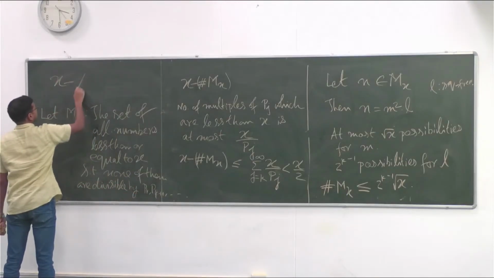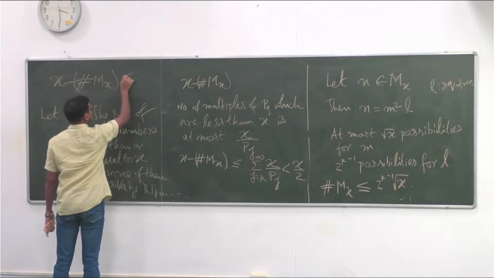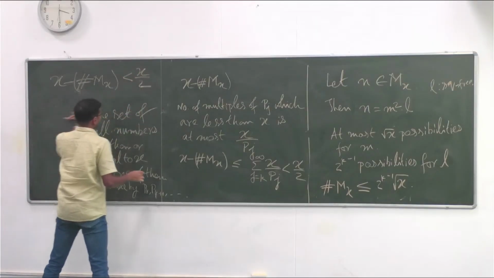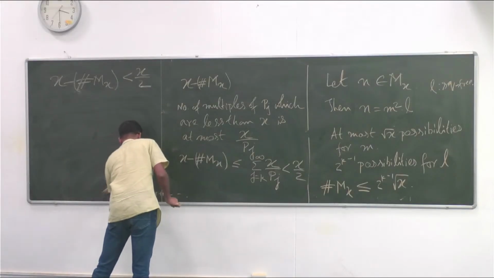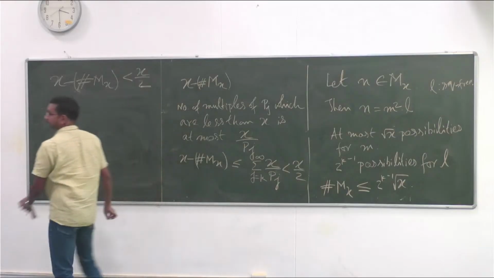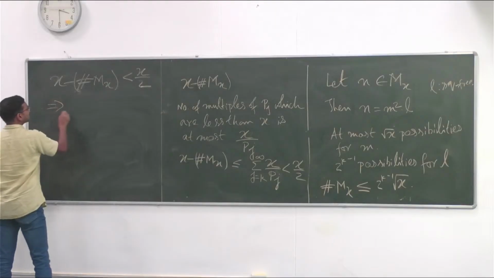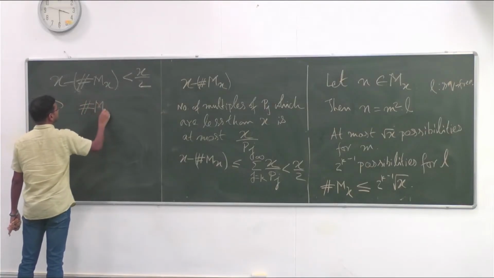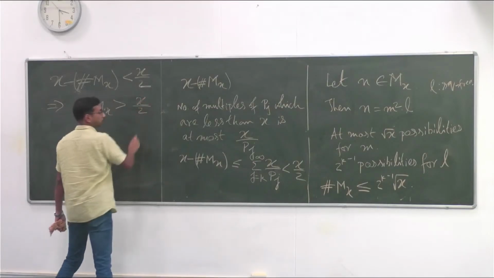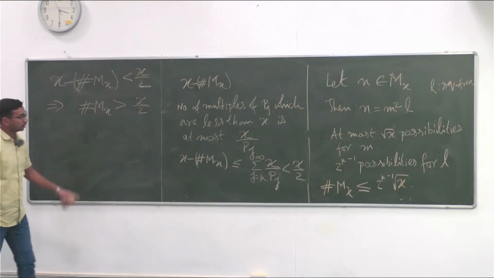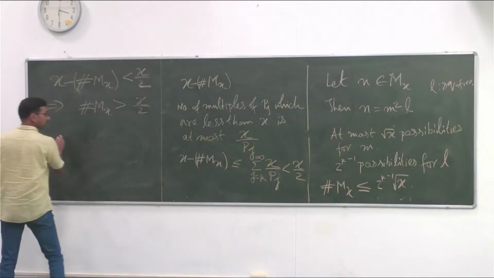That x minus is less than x by 2, and that means the cardinality of mx is larger than x by 2, right? But we know that this is less than 2 power k minus 1 root x, and that is giving us a contradiction for x large.